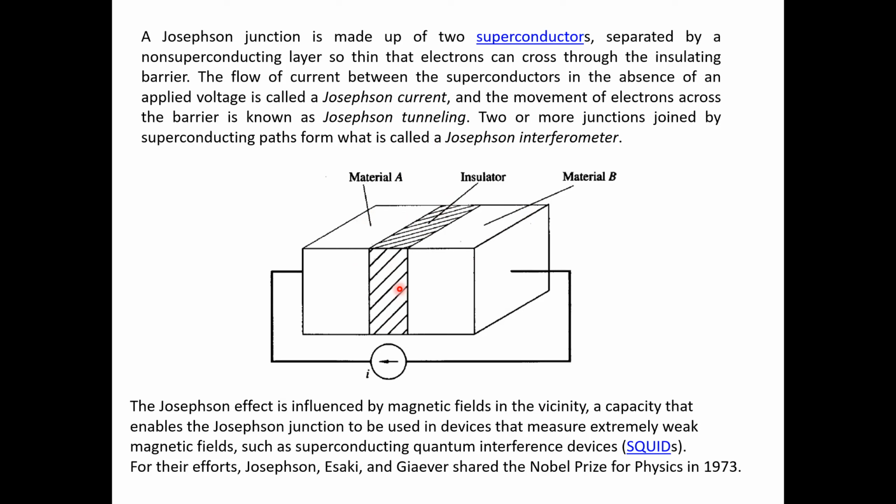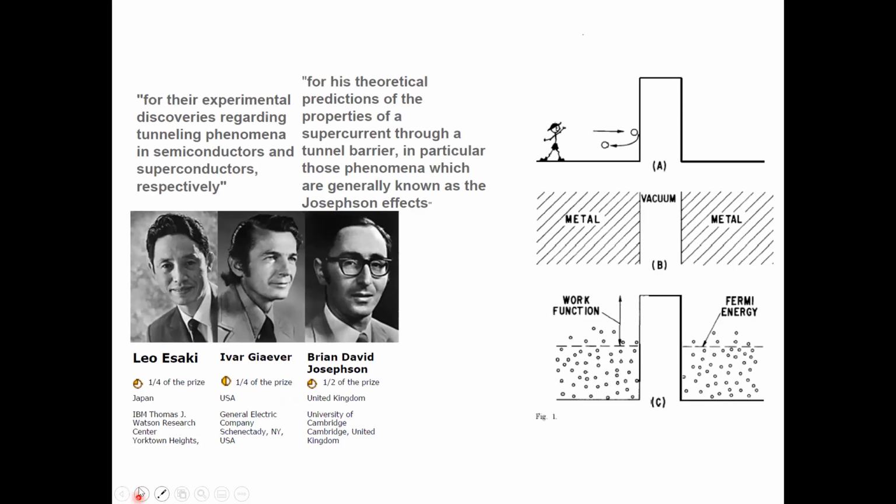But if you really do this, you will see a signal of current passing through it. And why is that? Think of the classical way: you throw a ball at the wall. No way that the ball will penetrate through the wall and be seen on the other side. It's a classical view.